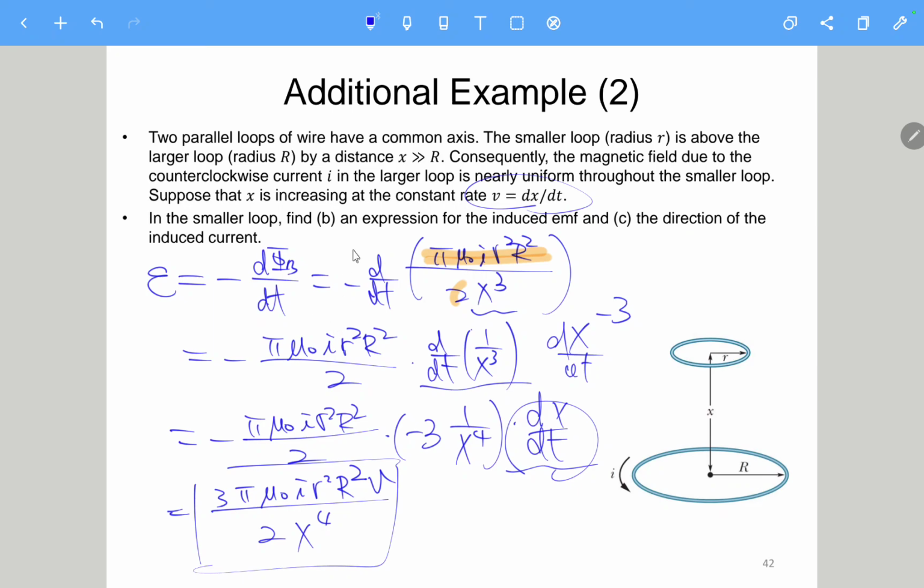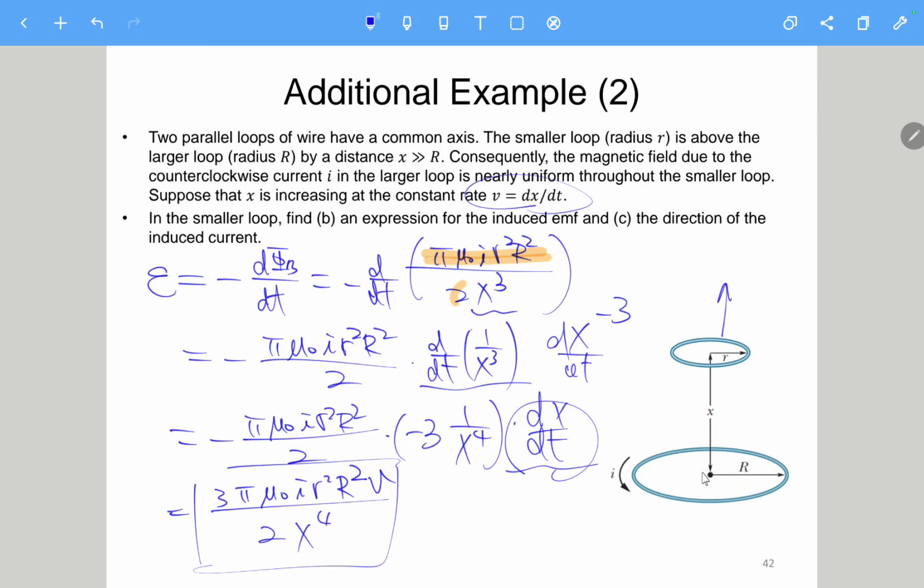For part C, it asks for the direction of the induced current. Because the loop is moving up, and the B field is originally pointing up, since I is counterclockwise.